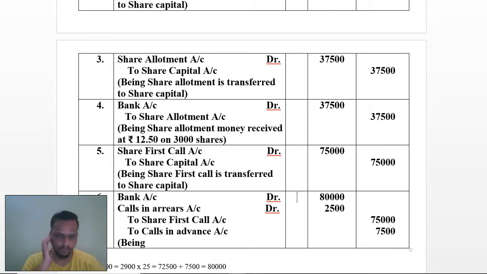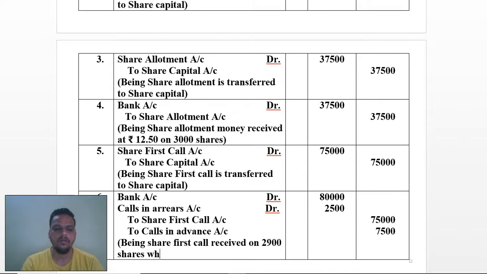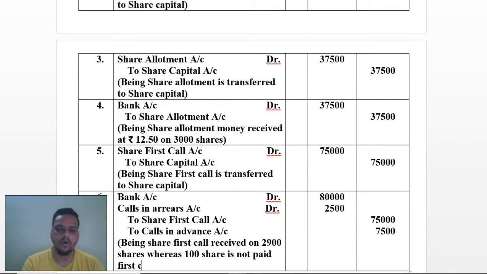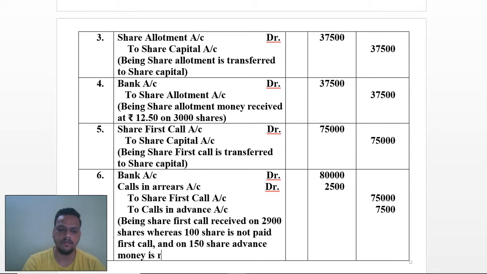Being share first call received on 2,900 shares, whereas 100 shares have not paid first call, and on 150 shares advance money is received.